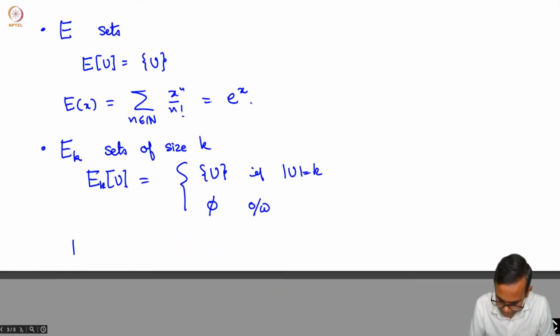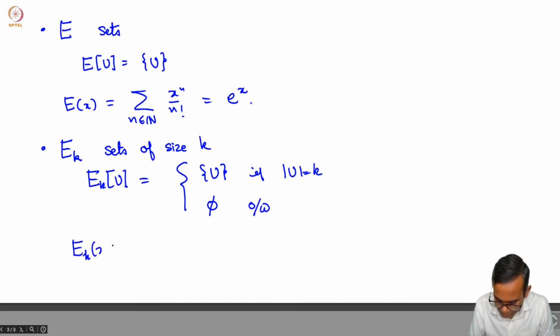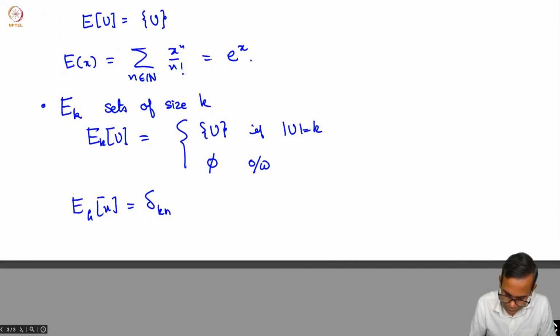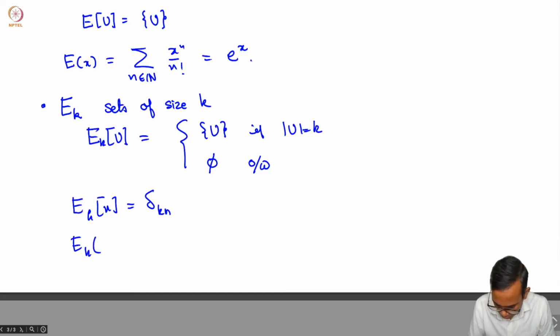And what you see is that E_k of n is going to be 1 if k is equal to n, and it's going to be 0 otherwise. And so the generating series E_k(x) is just x to the k by k factorial.